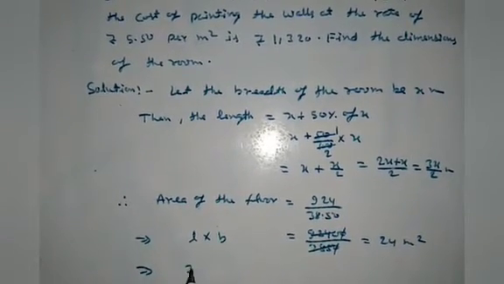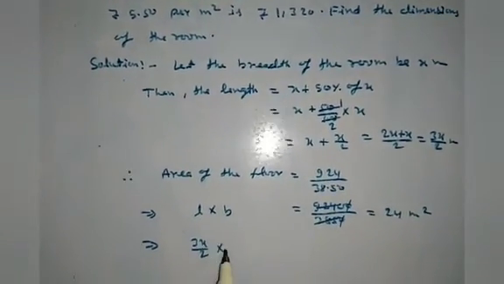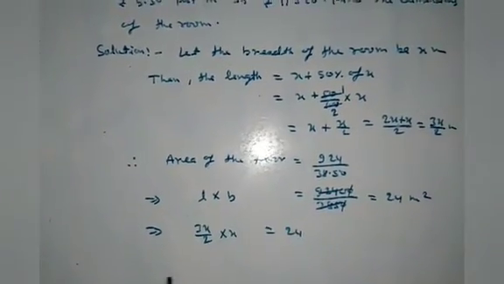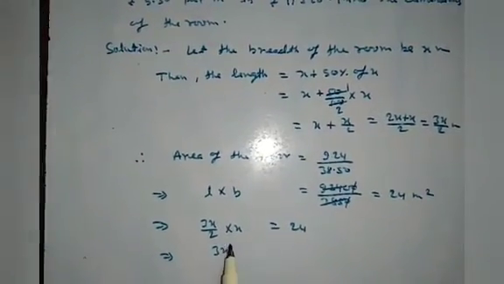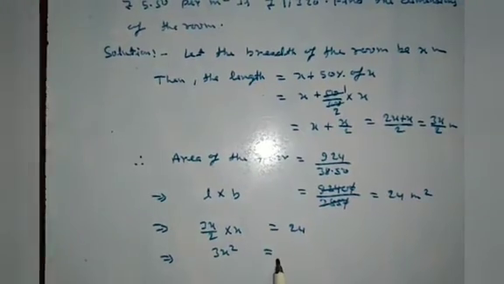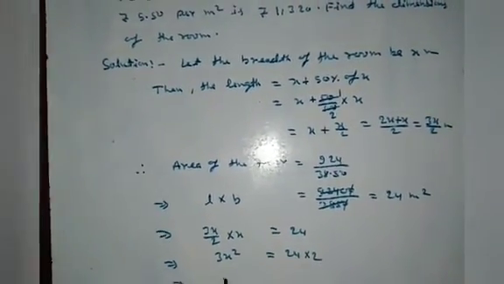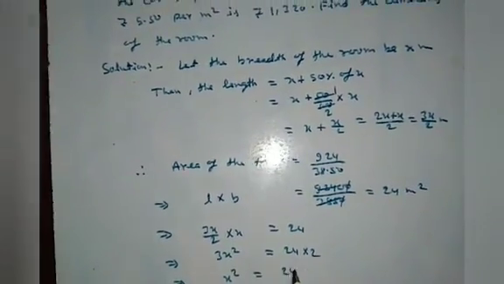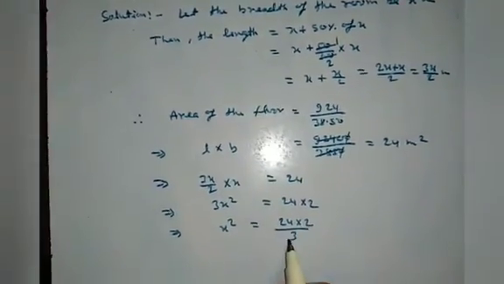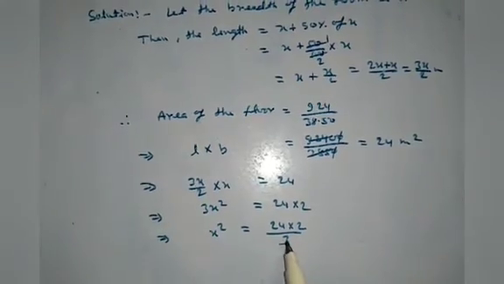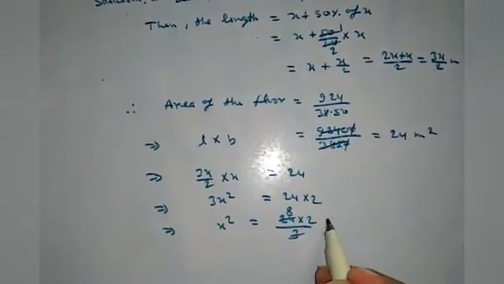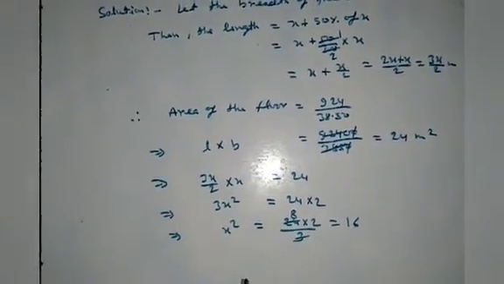So 3x by 2 into x equal to 24, so 3x square equal to 24 into 2, so x square equal to 24 into 2 by 3. 24 is divisible by 3, 8 times, equal to 16.